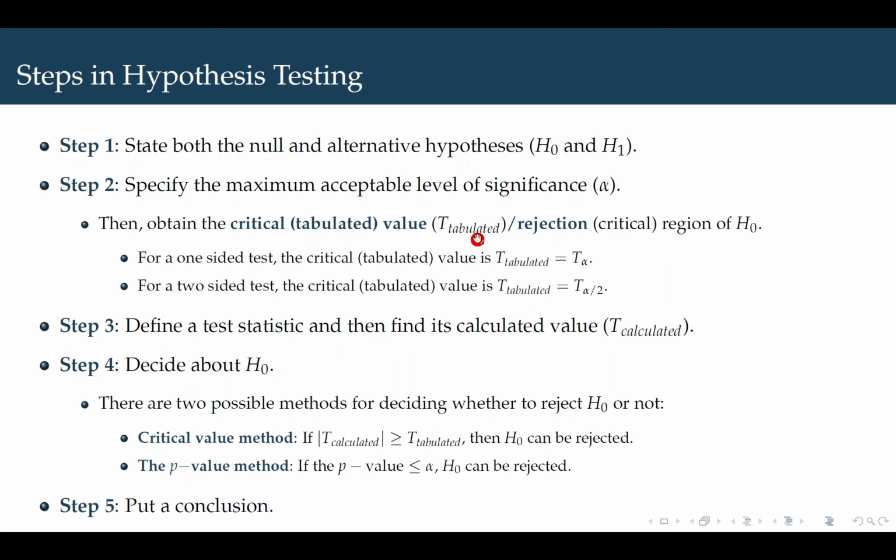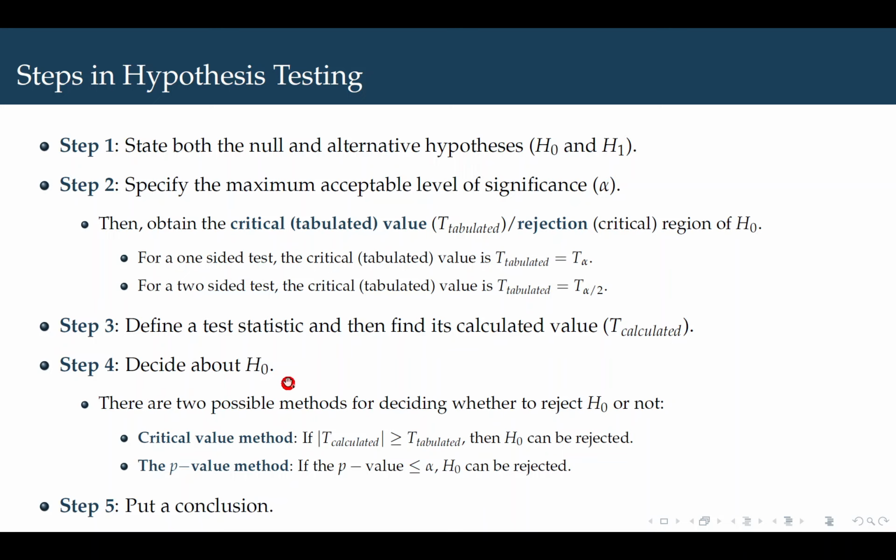Now, T tabulated is going to be obtained from the theoretical statistical distribution tables, and this T calculated is going to be obtained using certain sample data. Now, for making a decision whether to reject H naught or not, we need to compare the tabulated value and the calculated value.